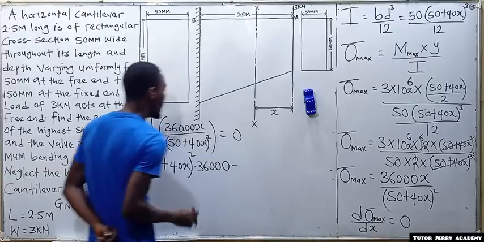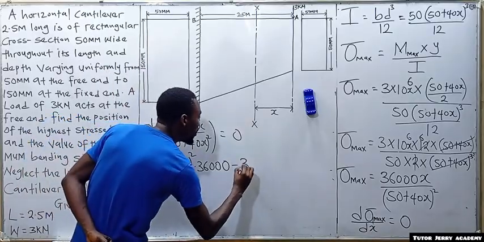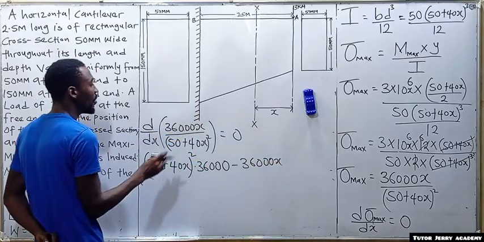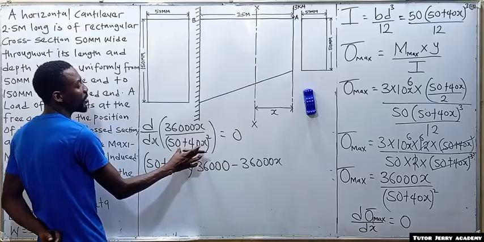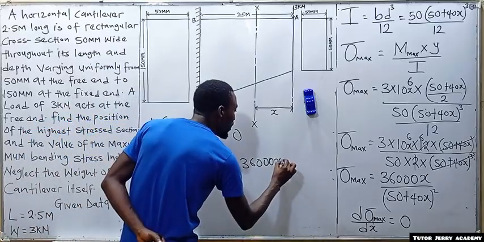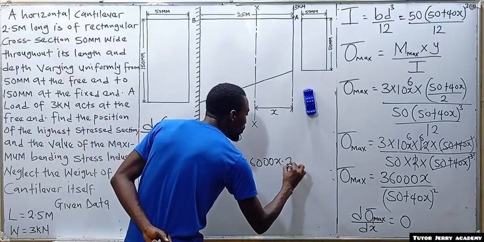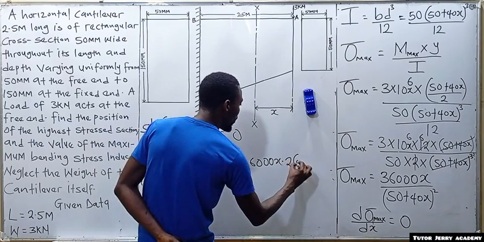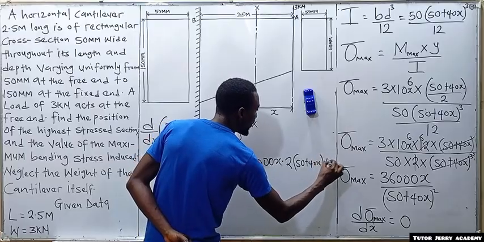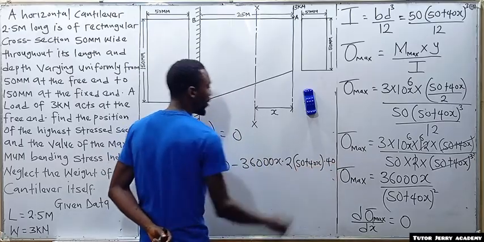So u dv ds. Our u here is going to be 36,000 s. Then we are differentiating this. So for us to differentiate this, we are going to be using a chain rule. So this is going to be 2 into 50 plus 40s multiplied by 40. If you differentiate the bracket, you have 40.